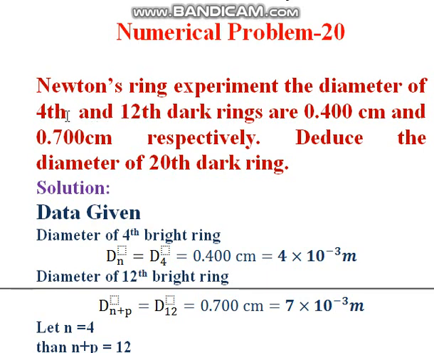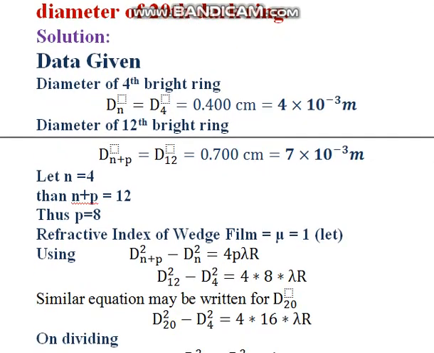Here n is equal to 4, n plus p is equal to 12, and the gap between the orders is 8. Let's consider the inclined film between the plano-convex lens and the plane glass plate is air, so mu is equal to 1.